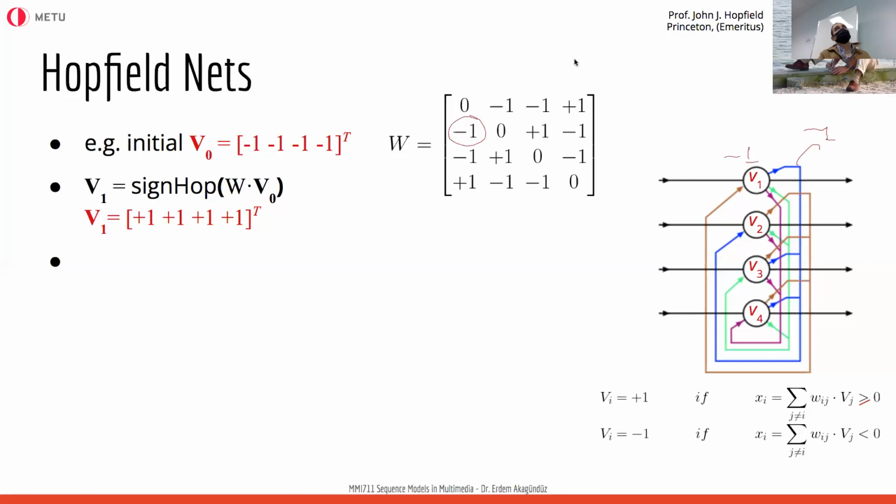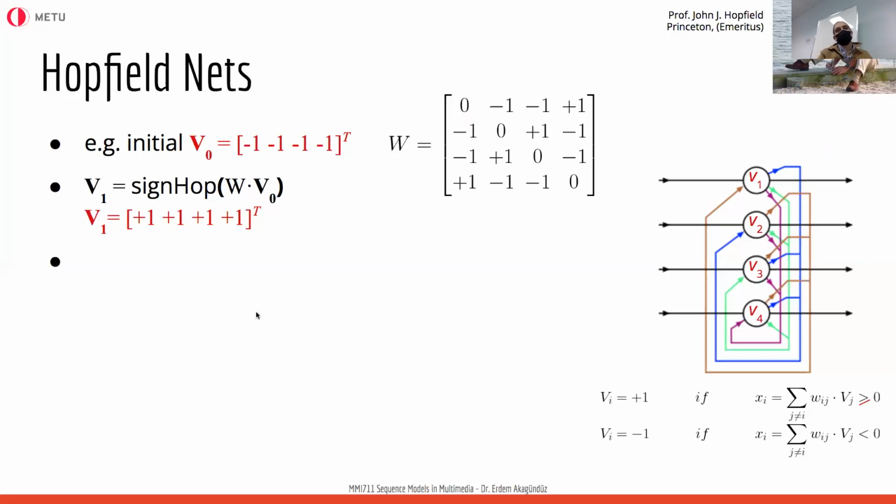And I feed that value to my activation function, which is signHop, which is, if it's negative, it is -1, if it's positive, it's +1, and I get another value, and it is +1, +1, +1, +1. Just calculate and see it yourself. Simple. Just multiply this matrix with this vector, and apply signHop individually to each node. You get this value.